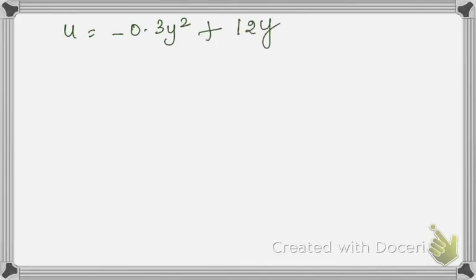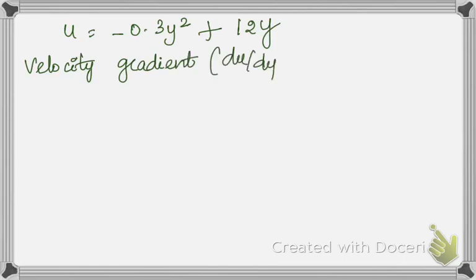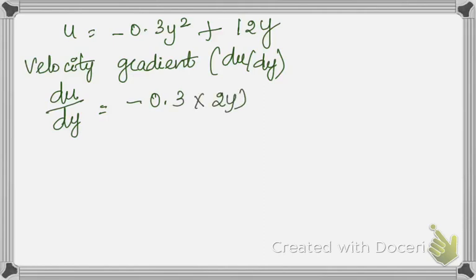Now we are going to get the value of my velocity gradient. So what is velocity gradient? Velocity gradient is nothing but du by dy. So I have to differentiate it. So du by dy is nothing but minus 0.3 into 2y plus 12.